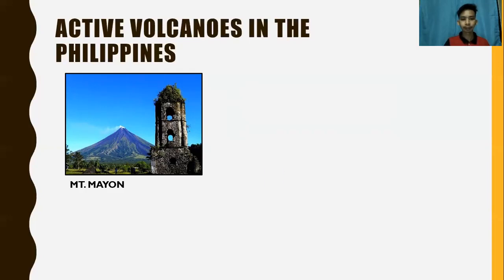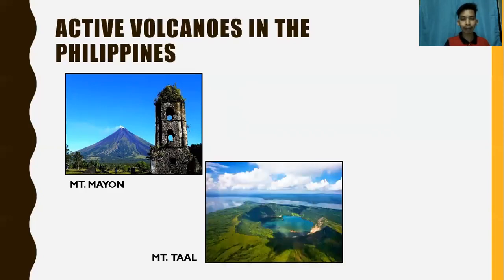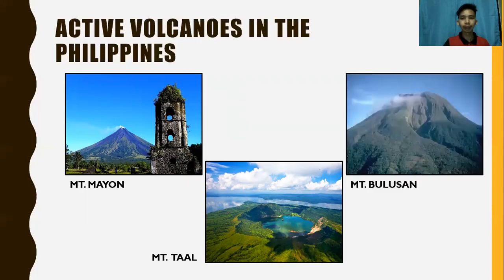Next, we also have Mount Taal, which is located in Batangas. Another example is Mount Bulusan, which is located in Sorsogon. So these 3 are the examples of active volcanoes.